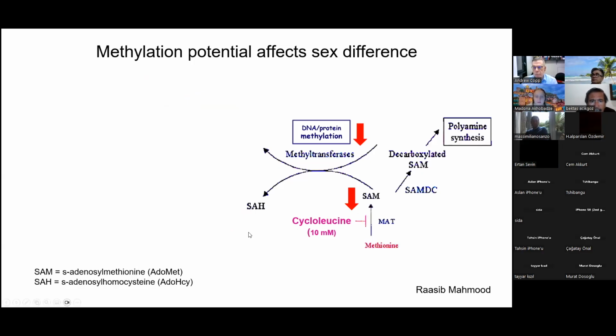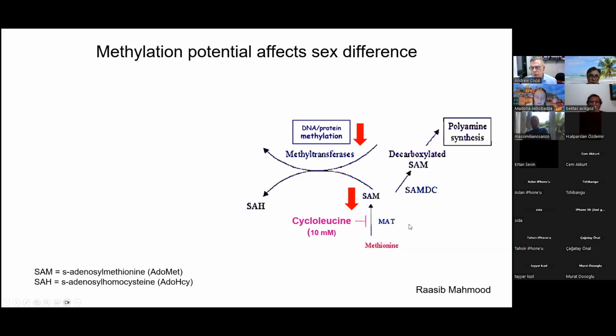So methylation. The methyl donor for all nucleic acids, for proteins, for lipids is called SAM, S-adenosyl methionine. And this donates methyl groups to a series of enzymes called methyltransferases, and those enzymes put the methyl groups onto the DNA or the protein.